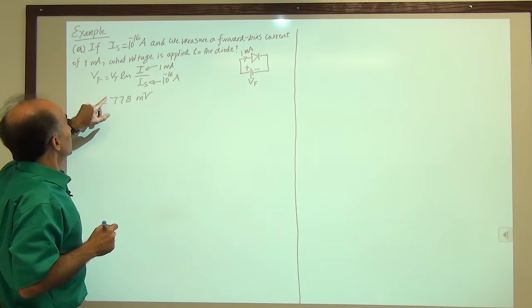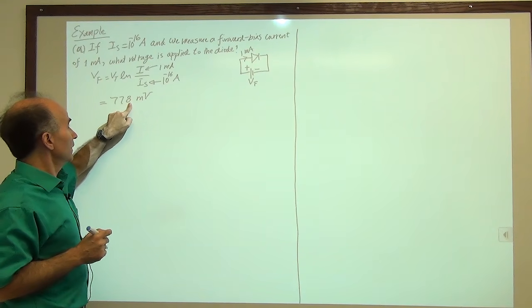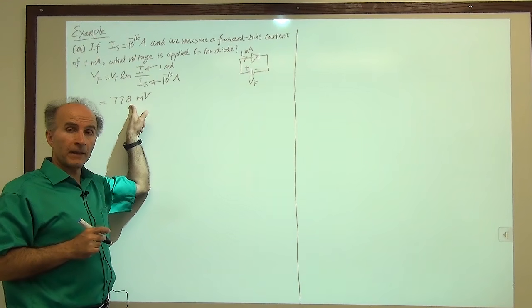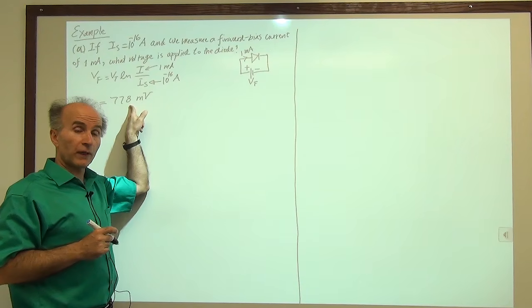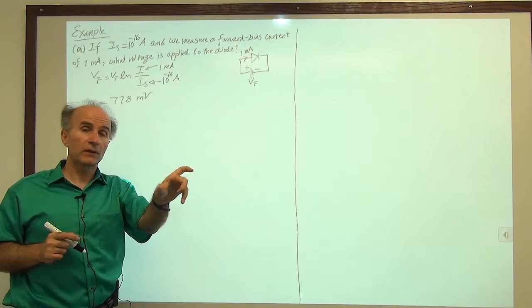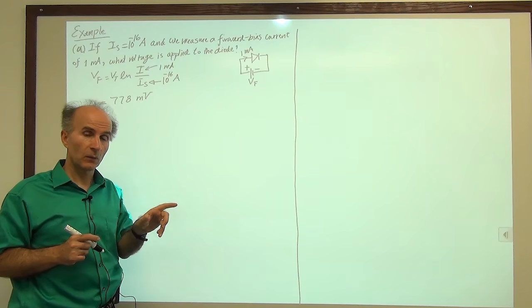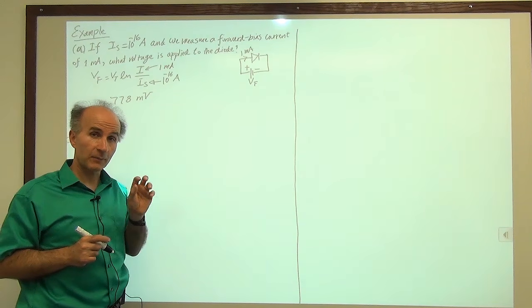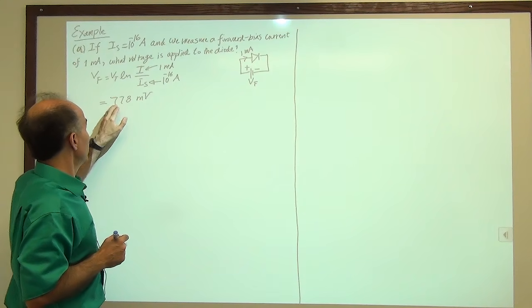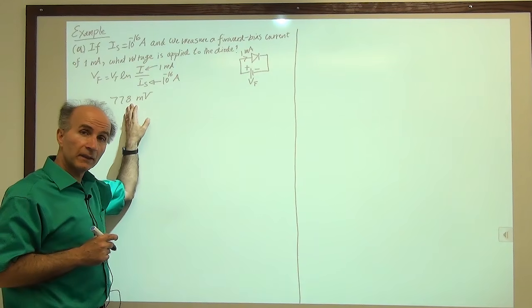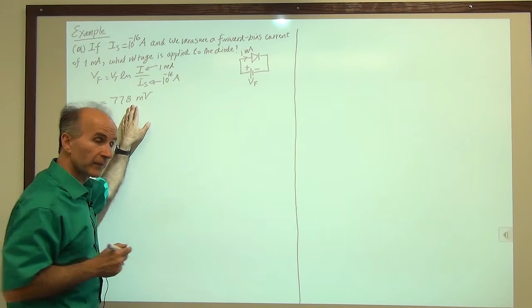So we know that this is 778 millivolts. So if the voltage applied to the diode is 778 millivolts, how much is the current? Well, we have an exponential. And that exponential will be exponential of 778 millivolts divided by 26 millivolts.